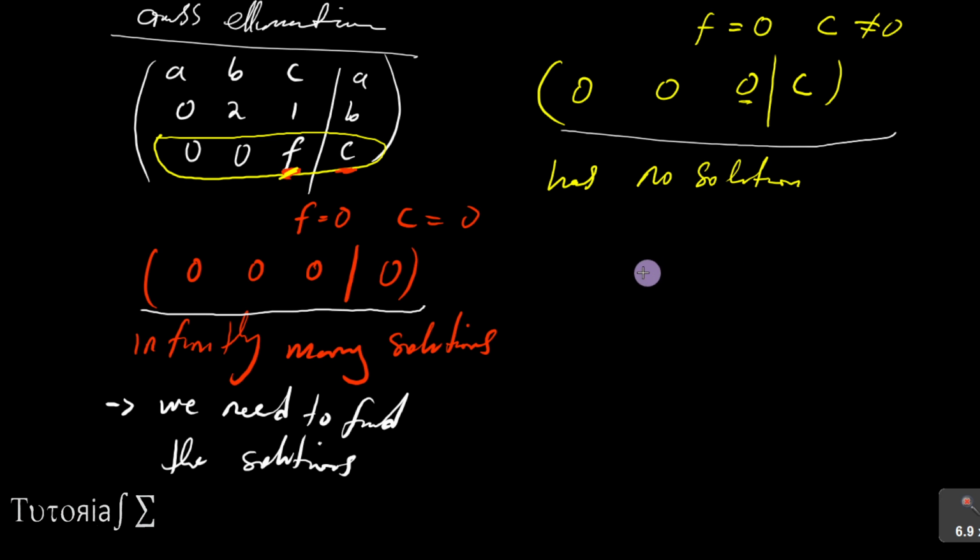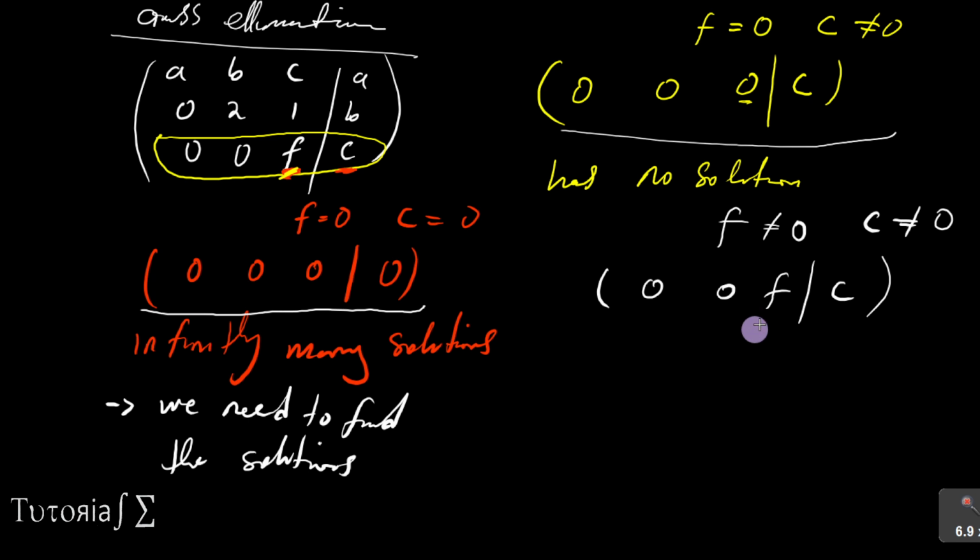Then the last one that we can talk about is when you have a unique solution. A unique solution is having 0, 0 here. You have a number there and another number there. So you have F, which is equal to any number that is not equal to 0, and C should also not be equal to 0.